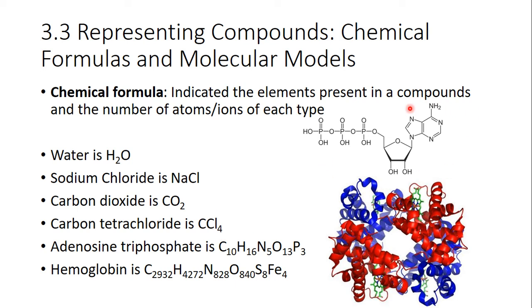So here's a molecule found in your body called ATP, or adenosine triphosphate, and you could give the chemical formula, but it's much easier to use the name. Or something like hemoglobin, which is in your blood and it carries oxygen, would be unrecognizable in chemical formulas. So there are different ways to call compounds, either by name or by chemical formula.